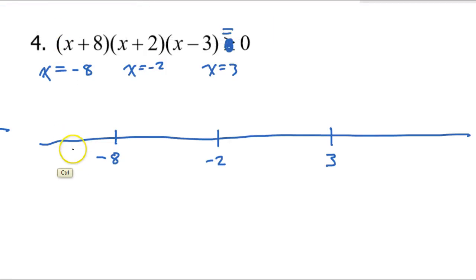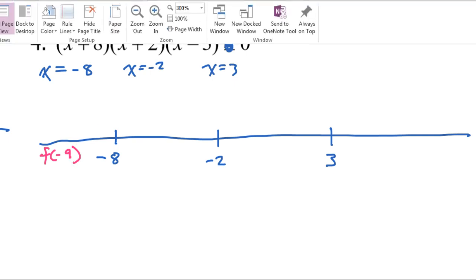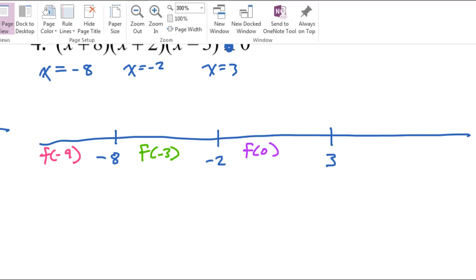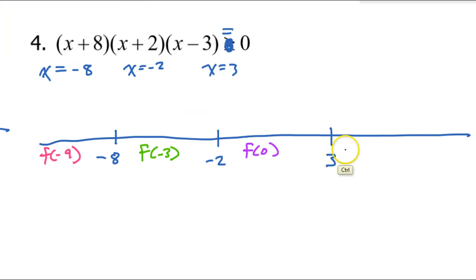All right, so we're going to have to check f at, let's say, -9, and f at -3, and f at 0, and f at 4.